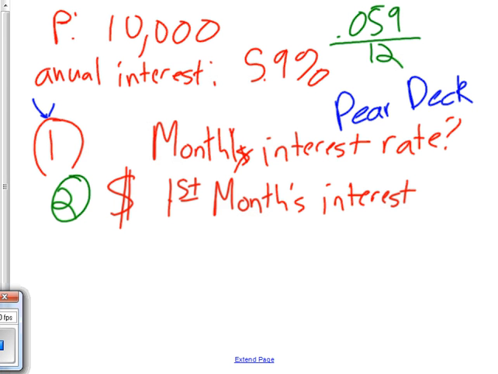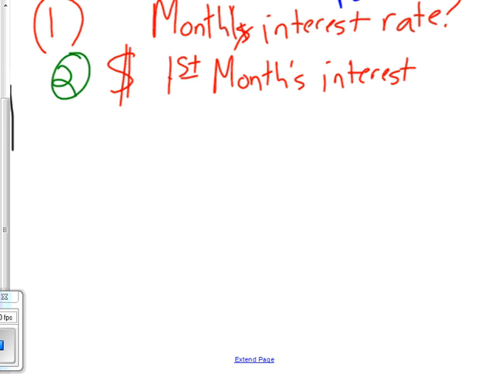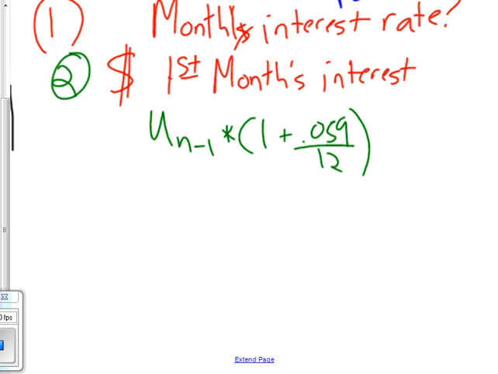Let's take a look at our second piece here then. What is the first month's interest? $49. And how did you get that, Aubrey? I had U of n minus 1, and then I looked at my table.